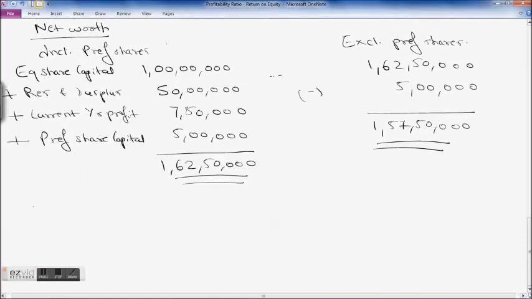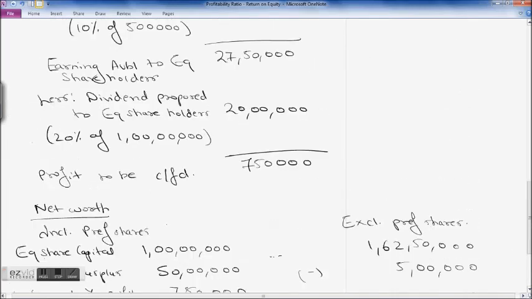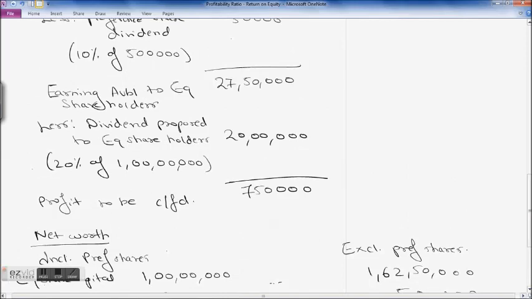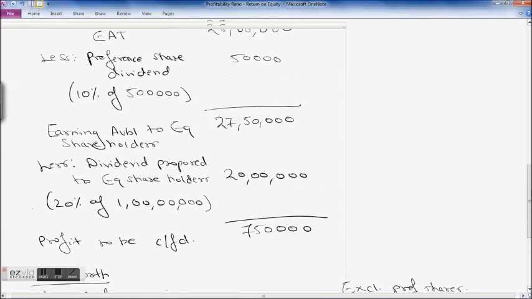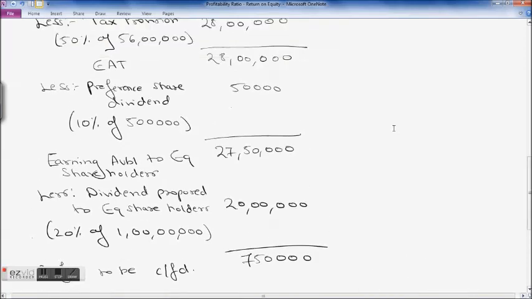Now we'll calculate what is a return on equity including preference share capital. Okay, since we are taking including preference share capital, what we'll do is we'll take earning after tax. The preference share dividend which is distributed, we won't consider that.